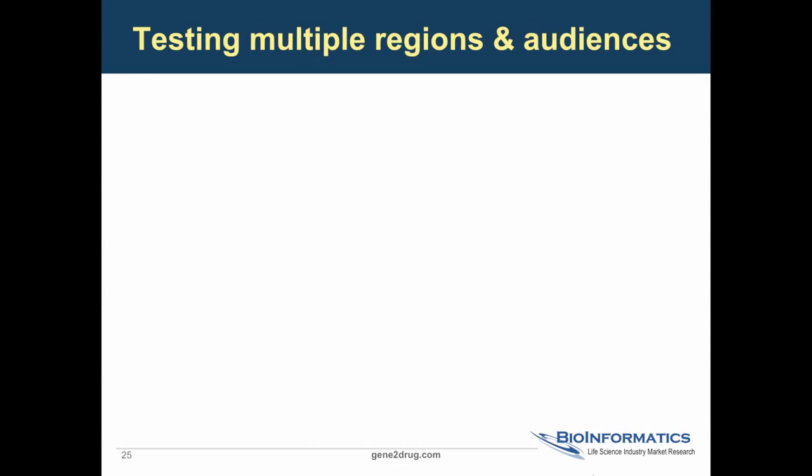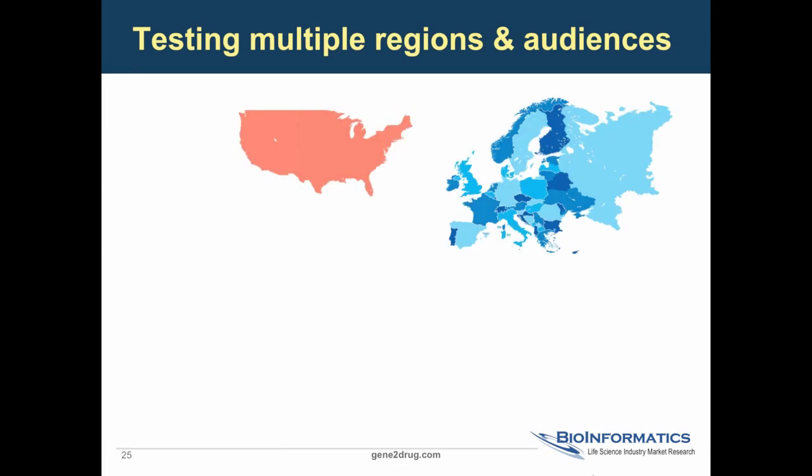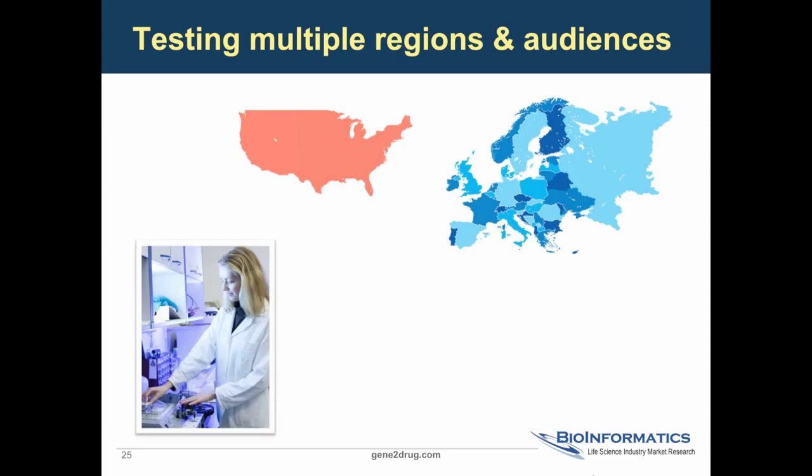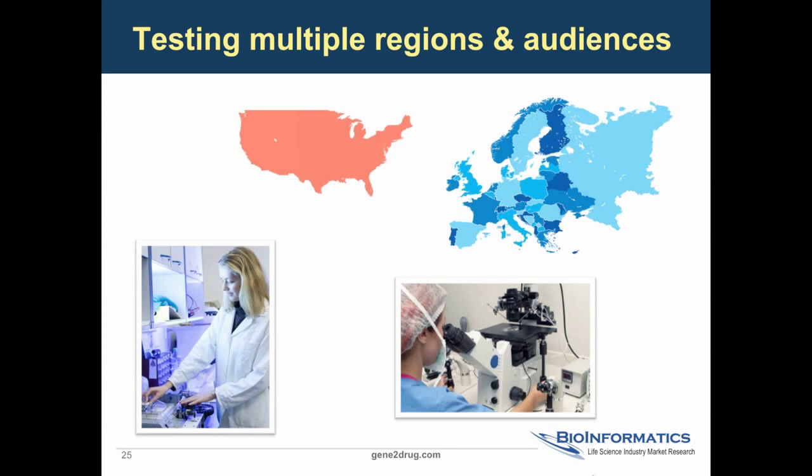And how can Rate My Product be used to test geographic differences in multiple target audiences? Rate My Product gives you the flexibility you need to select your target audience. You can select by geographic region, either the United States or Europe. You can target a specific customer type by the techniques they currently perform or by a broad category of research.